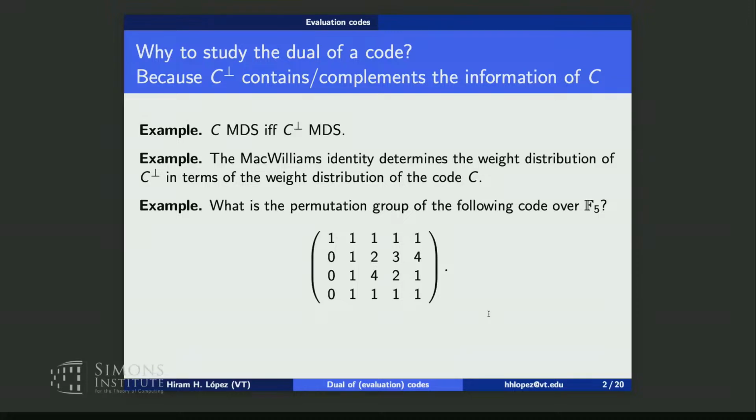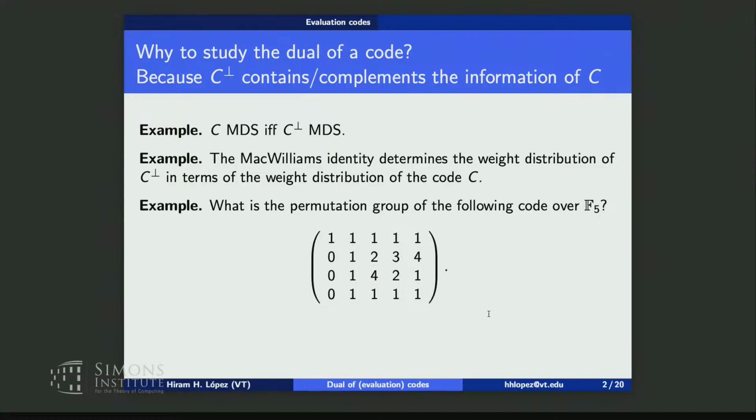Which columns can I permute in such a way that I still have the same code? Remember, the code is a row space. So which columns can I permute? Well, I have no idea. But the point is that the permutation group is preserved for the dual. In other words, the dual and the code both have the same permutation group.